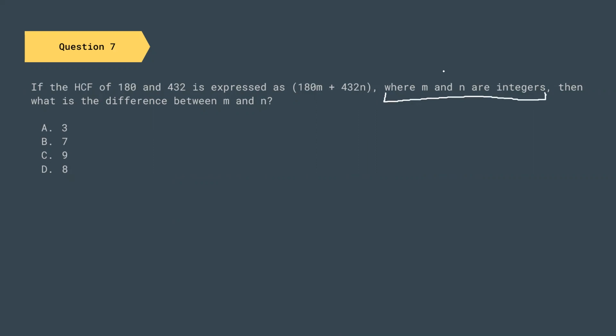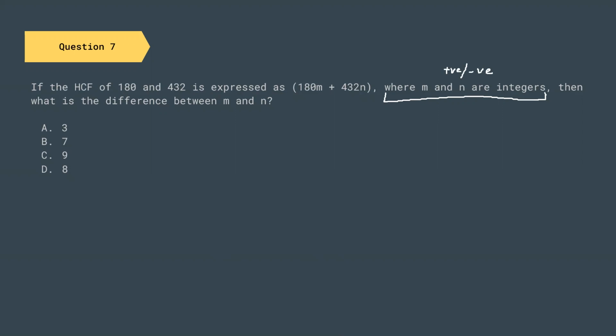That means the values for m and n can either be positive or negative. They are not saying that these are positive integers. They are saying that m and n are integers, and integers means the values for m and n can be positive or negative.